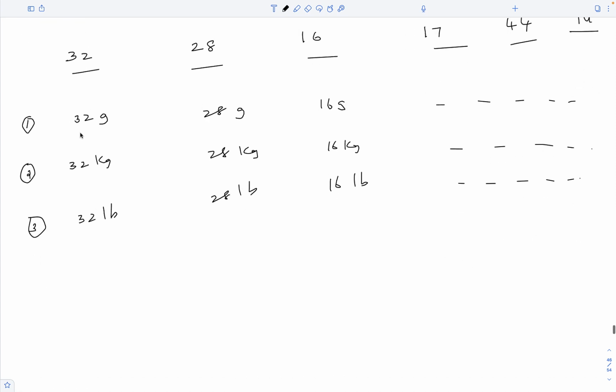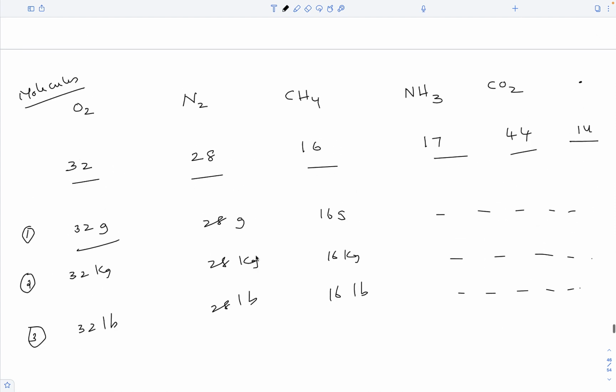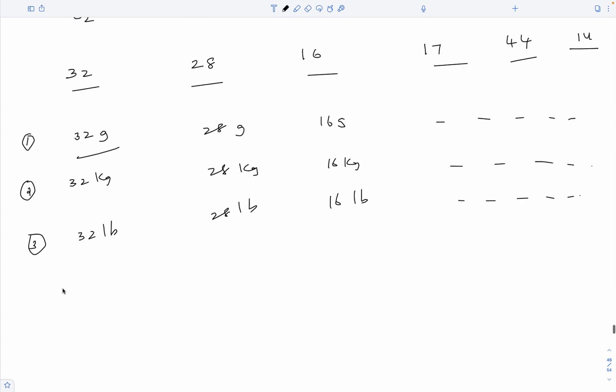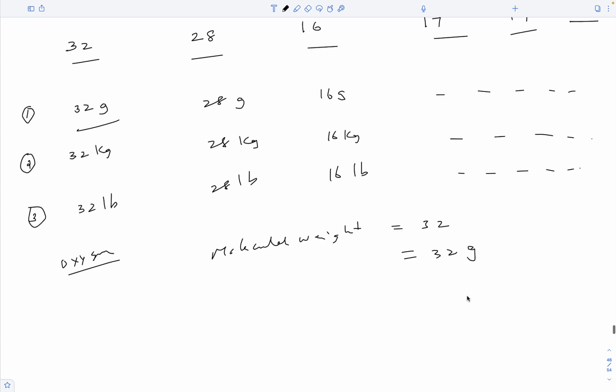Now, what do we have here? 32 grams of oxygen. Molecular weight of oxygen is 32. So, we took 32 grams of oxygen.